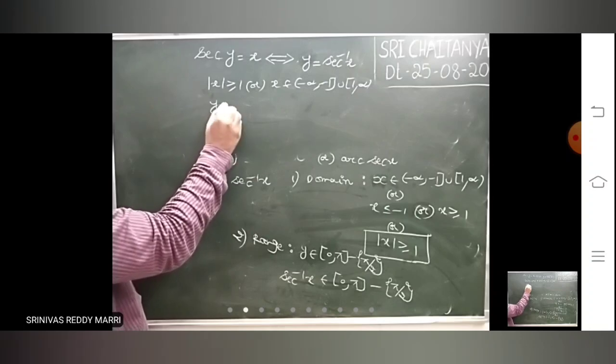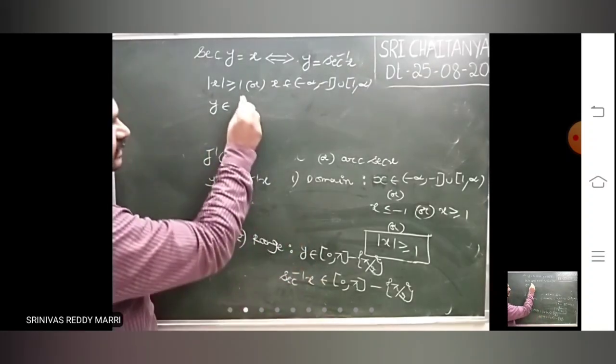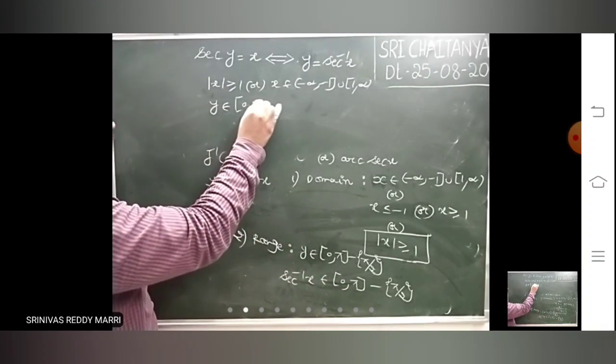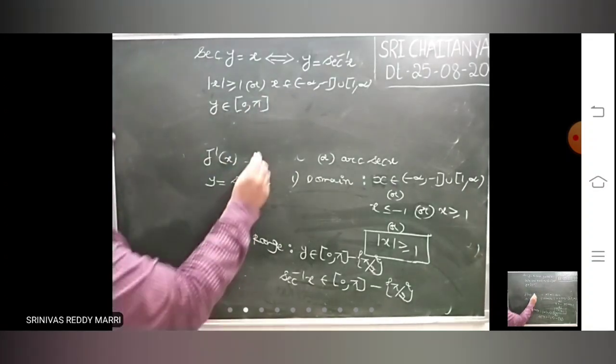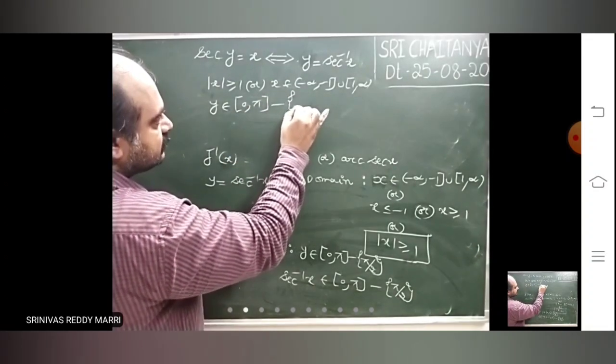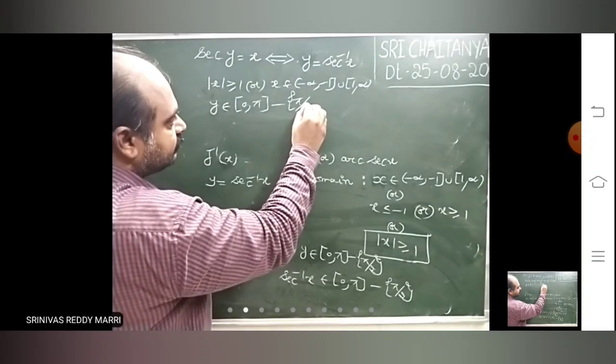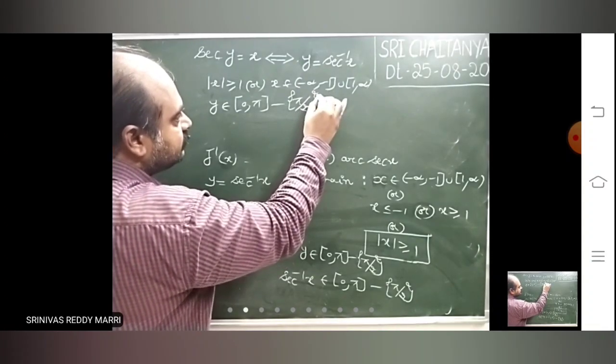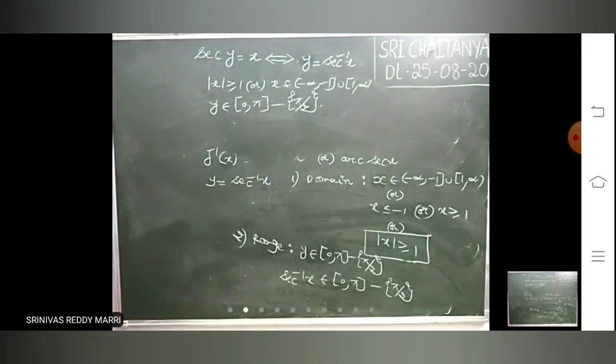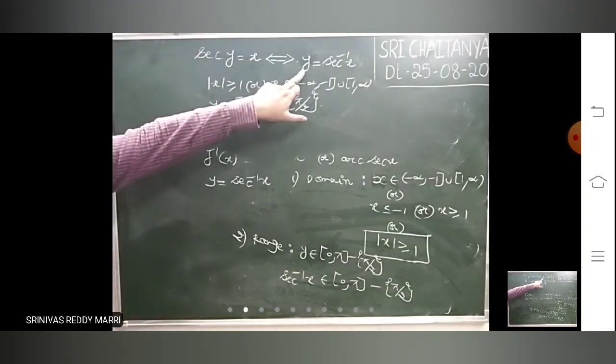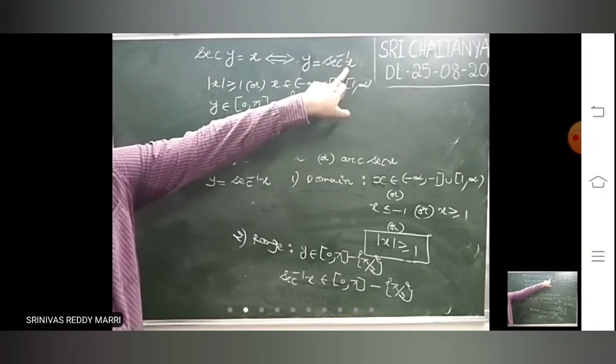And y belongs to the interval 0 to pi minus pi by 2. This is the range. Whenever secant y equal to x, you can write y equal to secant inverse x.